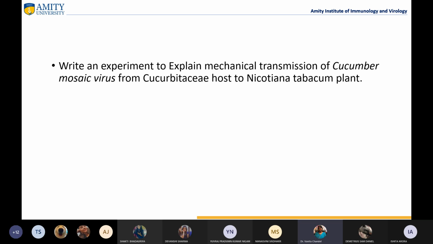How you will go for the transmission of cucumber mosaic virus, maybe from the cucumber plant only to the Nicotiana tabacum plant. What will be the steps? What will be the buffer you will prepare? How you will prepare the inoculum and how you will transmit it. So that will be your practical for the mechanical transmission of CMV from a cucurbitaceae host to the Nicotiana tabacum plant. If any clarification is required, please ask me right now.